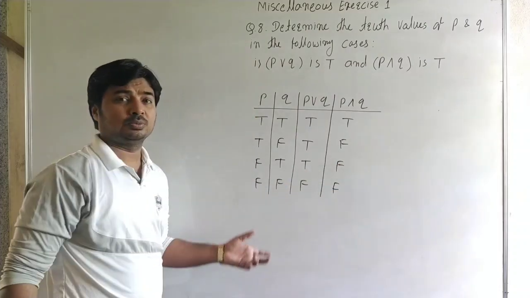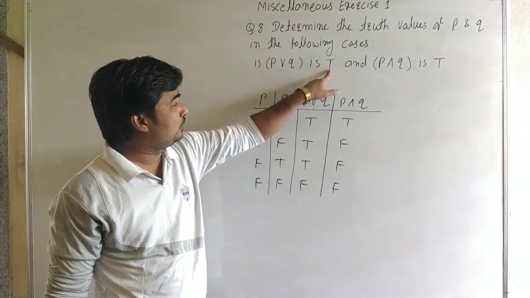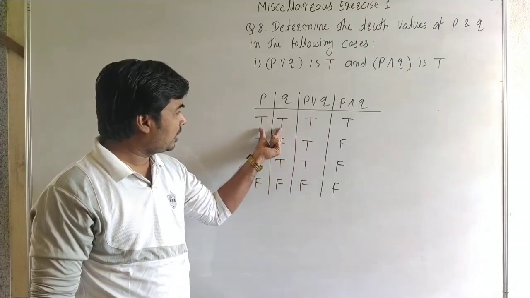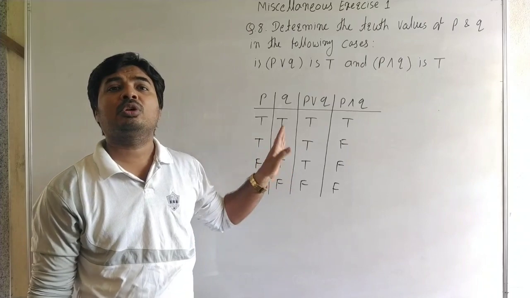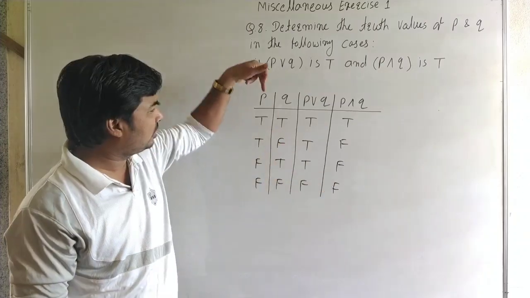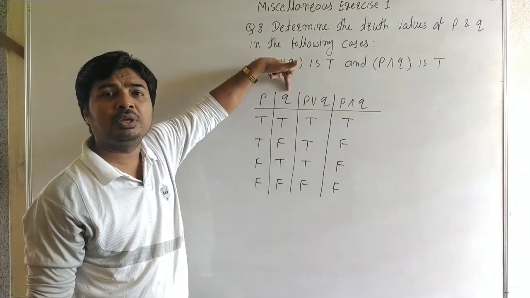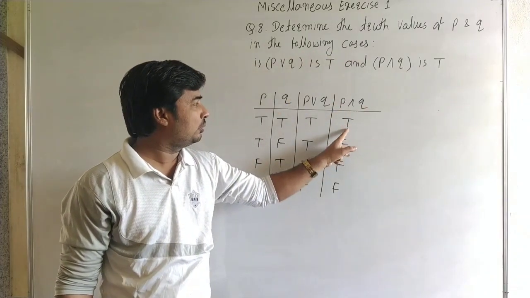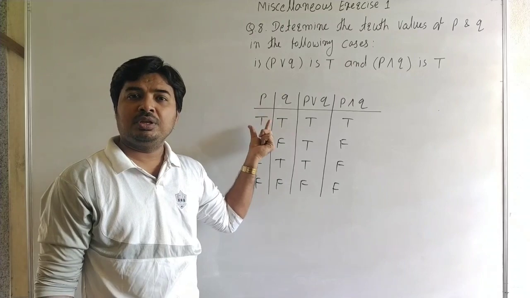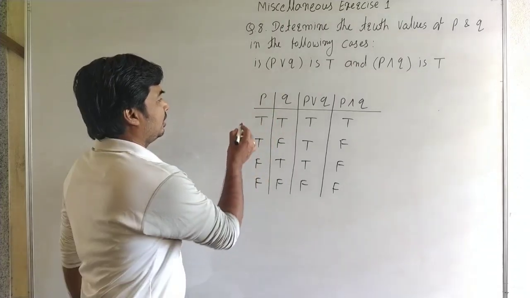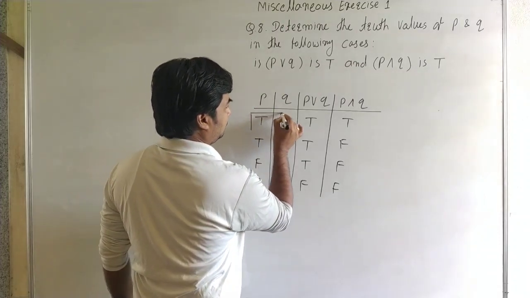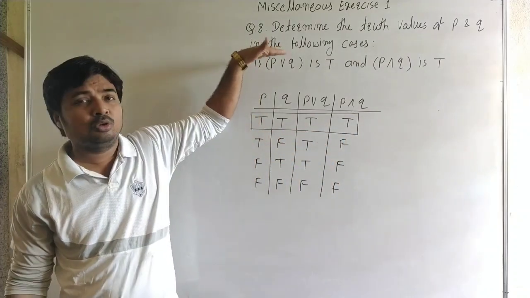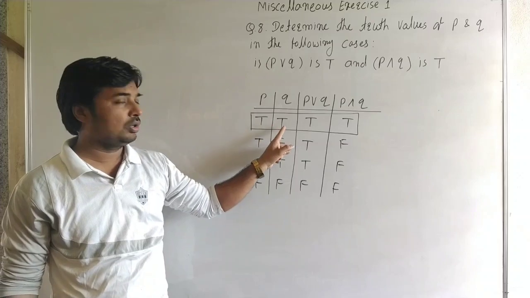Now see carefully. P or Q is true in three cases, so we cannot say directly that P is true or Q is false. That means we cannot say directly the truth values of P and Q. But in the second condition, P and Q, there is only one true case. Therefore, we can say P is true and Q is true. So the truth values of the individual statements P and Q are true and true.